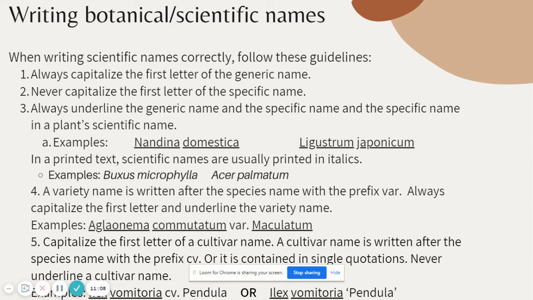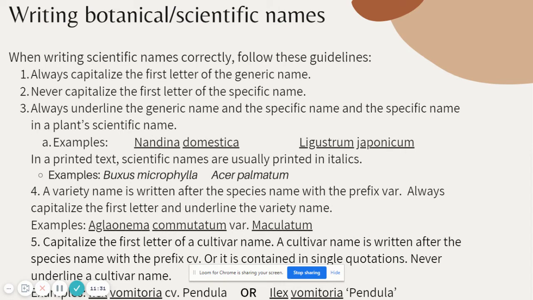Now, there are a lot of rules about writing scientific names, and we're going to do some practice on this. I can say there's only 5 rules. The more you practice it, the easier it gets. Spelling of a scientific or botanical name is super important because a misspelling could be a different plant.